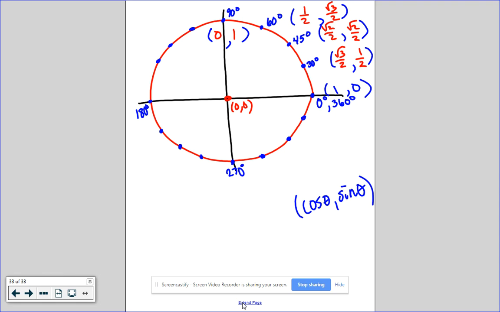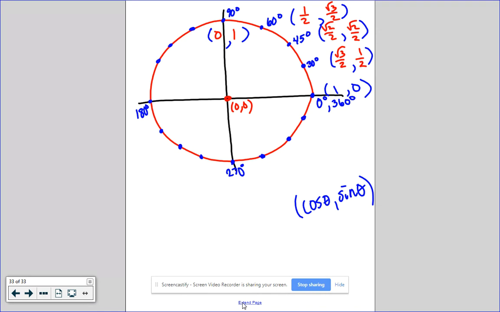Now, we're quickly going to do the rest of the second quadrant, and then we'll go from there. So, look at the pattern that we've developed here. From 0 to 30 is 30 degrees. 30 to 45 is how many degrees? 15. 45 to 60 is 15. 60 to 90 is 30.